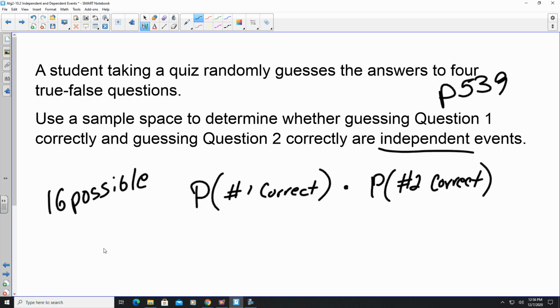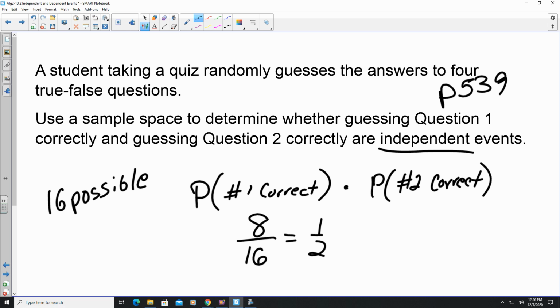So 3, 6, 7. It looks like there's 8. So for the first one, there's 8 out of 16, which means you have a 1/2 chance of getting number 1 correct from the 16 possible outcomes.